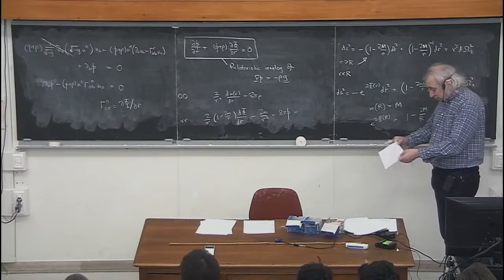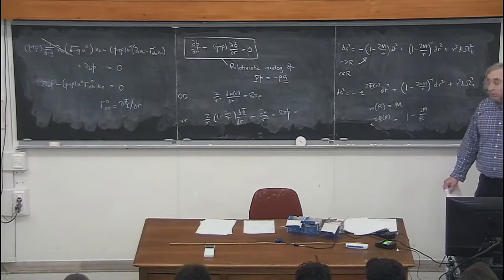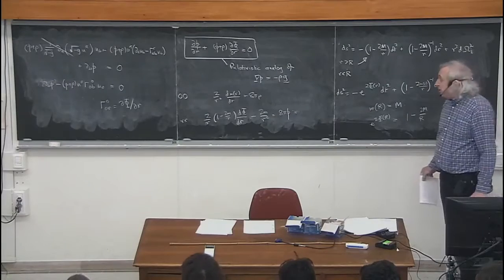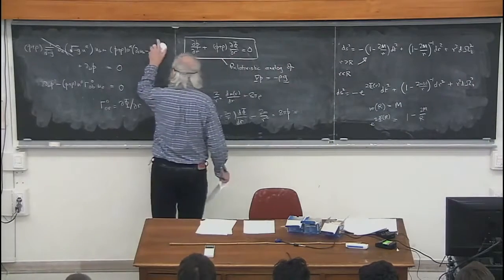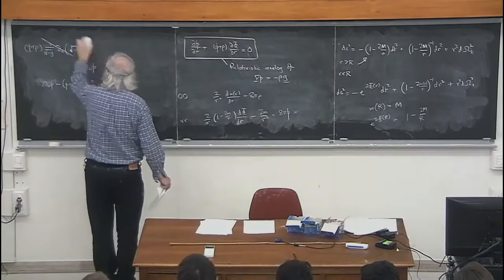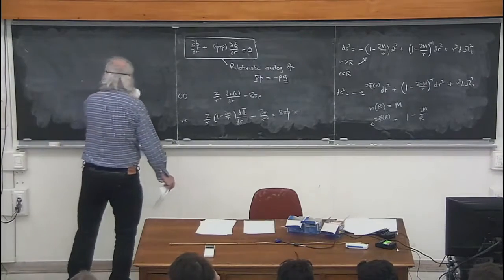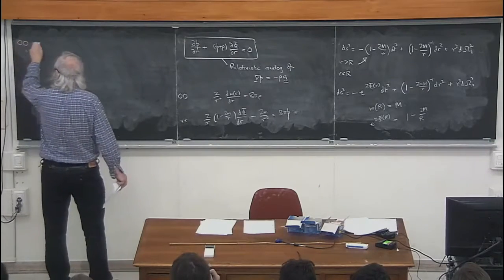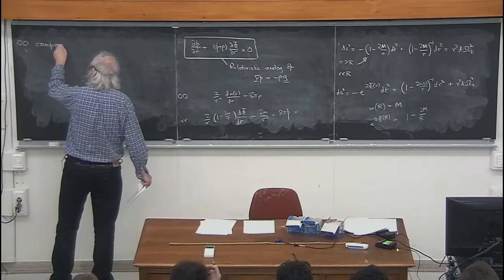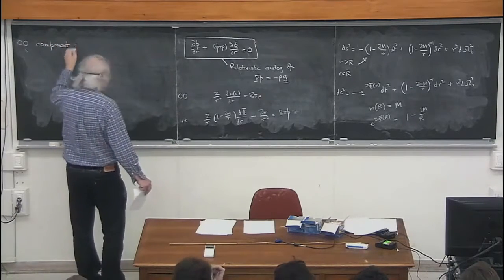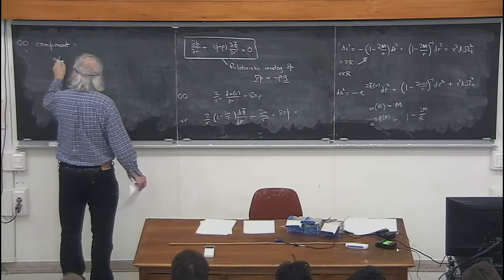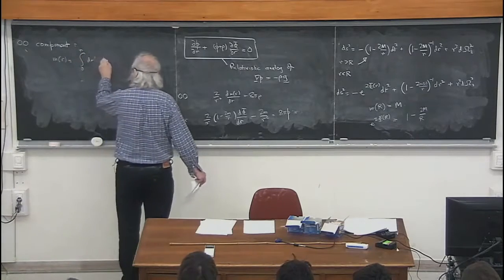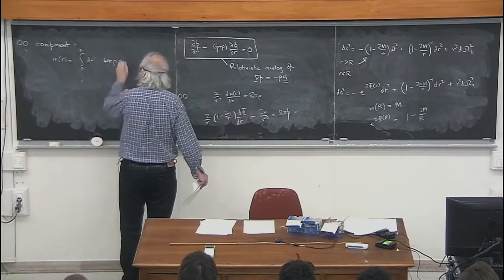The 0, 0 equation is easy to understand. It's just the usual formula for the mass inside some region bounded by radius r. It basically says that m of r is the integral from 0 to r dr prime 4 pi density r squared.